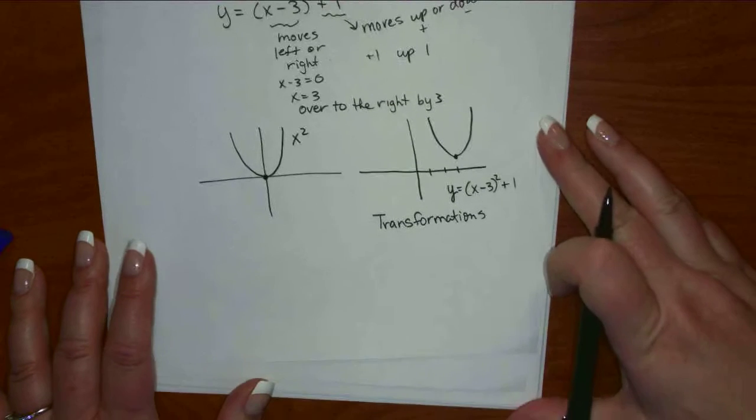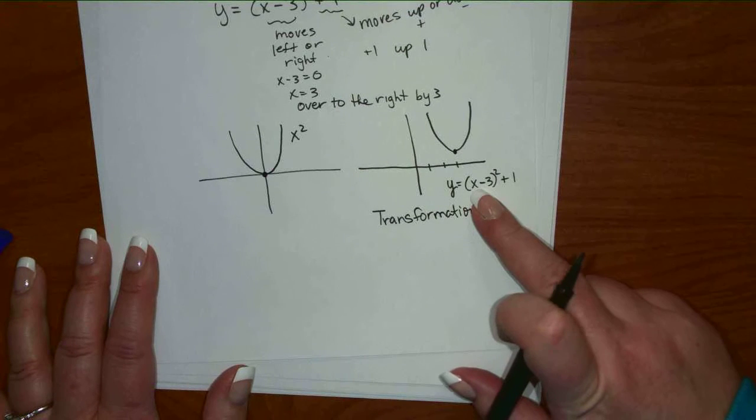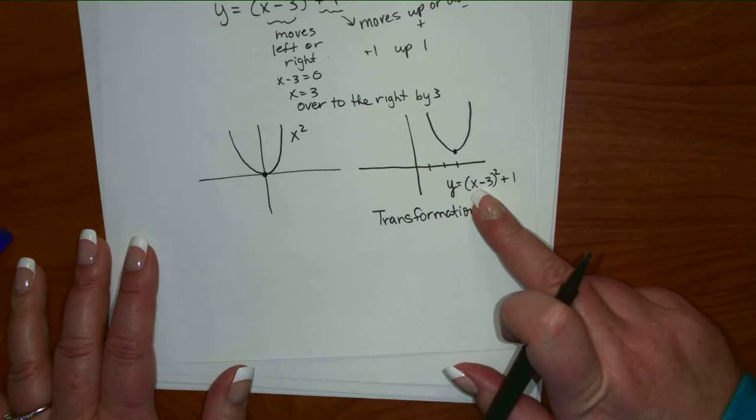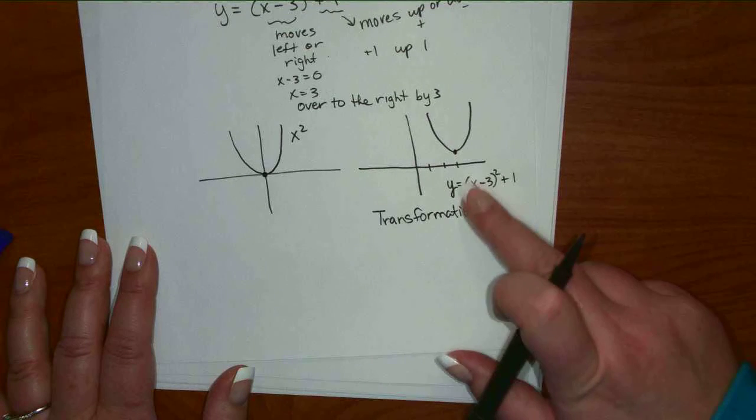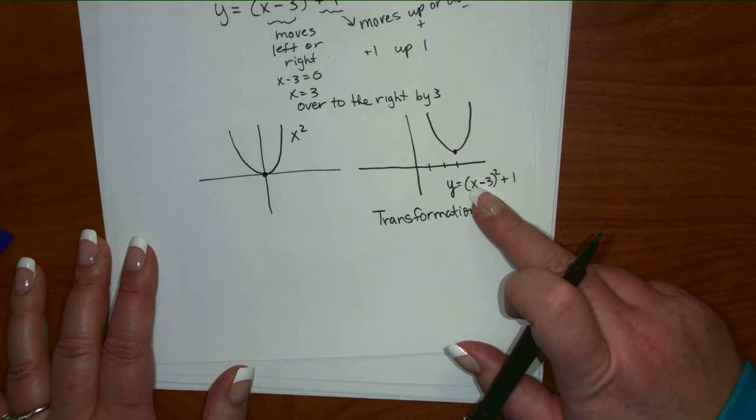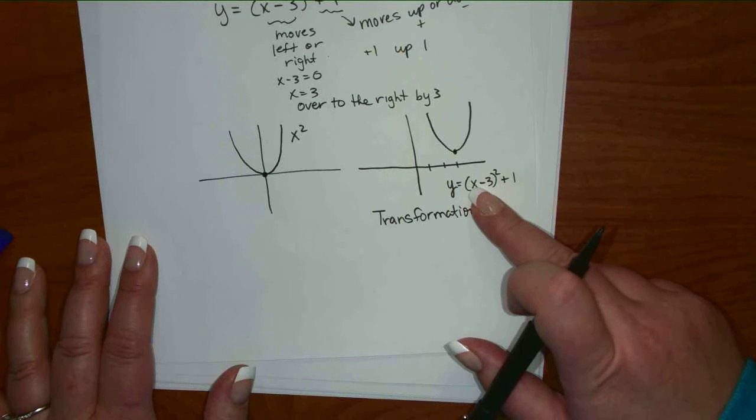Do not get caught up in if this is a minus, move to the right, and if this is a positive, move to the left, because it depends, like if x is negative or positive. That doesn't always work, is what I'm saying. But in general, or often, it is.